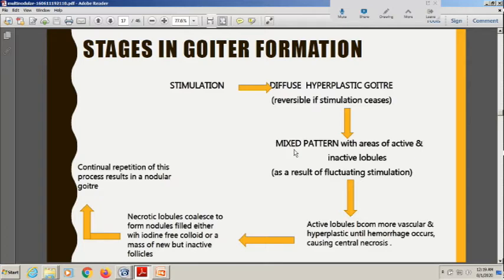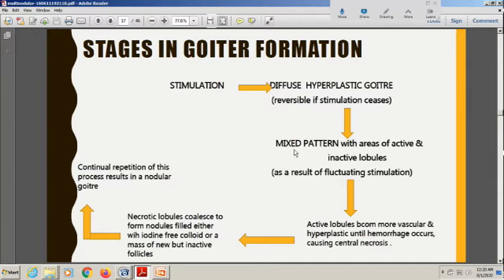Because of continuous fluctuation in stimulation, that means because of some correction, treatment, or the patient correcting a nutritional deficiency himself, there is a TSH stimulation fluctuation. It is corrected, and after some time again there is deficiency. Because of this, some of the cells are active, some are inactive.